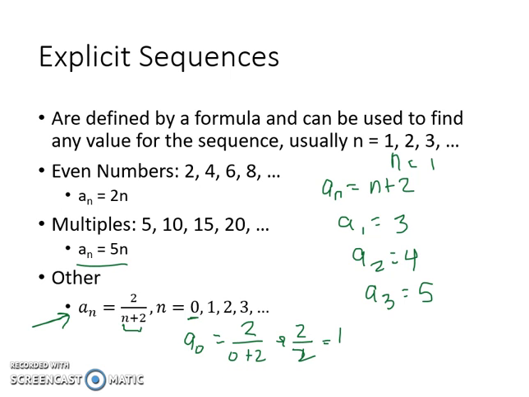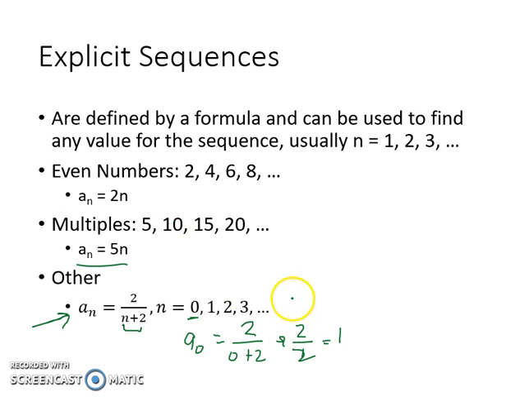Okay, and then a sub 1 equals 2 over 1 plus 2, which is just 2/3.